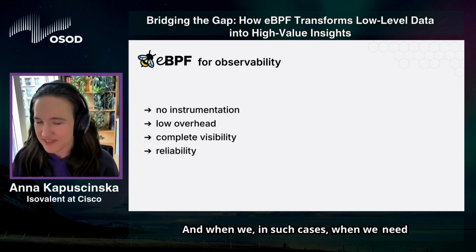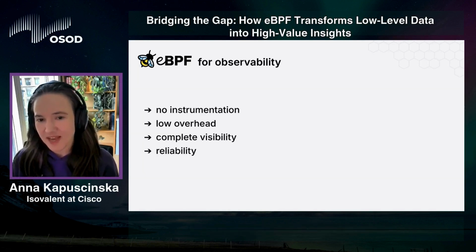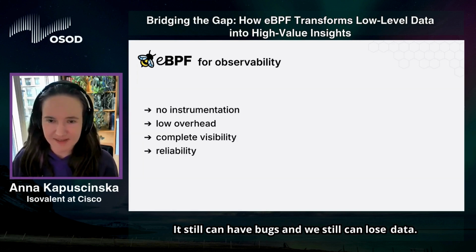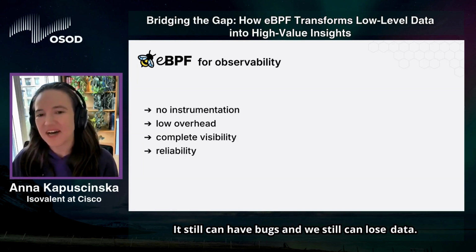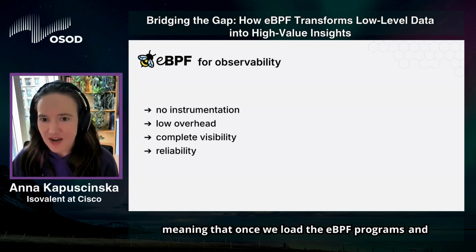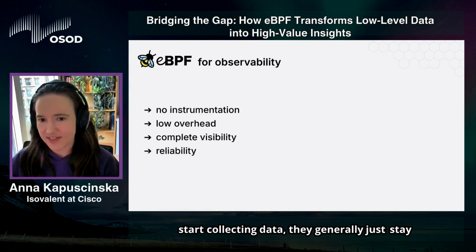And in such cases, when we need observability data the most, we lose it. eBPF doesn't solve this problem magically. It still can have bugs and we still can lose data, but it provides this extra layer of reliability, meaning that once we load eBPF programs and start collecting data, they generally just stay there.